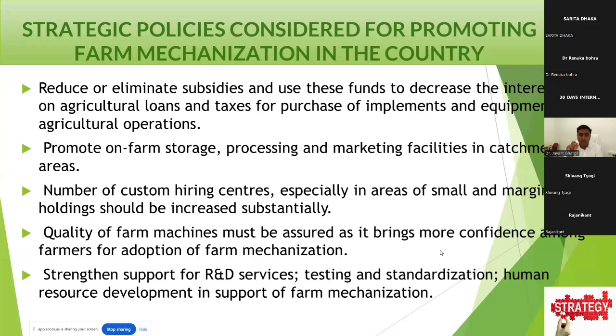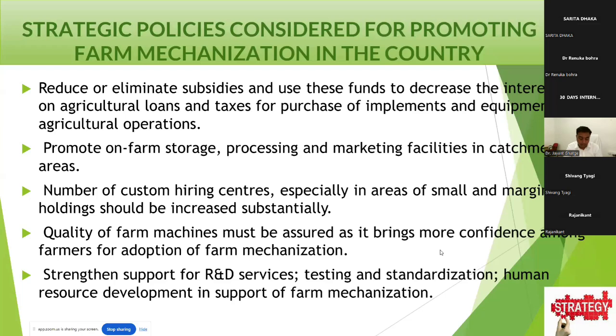Then we can ensure quality assurance for farm machines. With the FMTTIs available in our country, under the testing facility, we assure the quality of the machineries. This is the main mandate of these testing institutions, and quality assurance for farm machineries will promote mechanization.